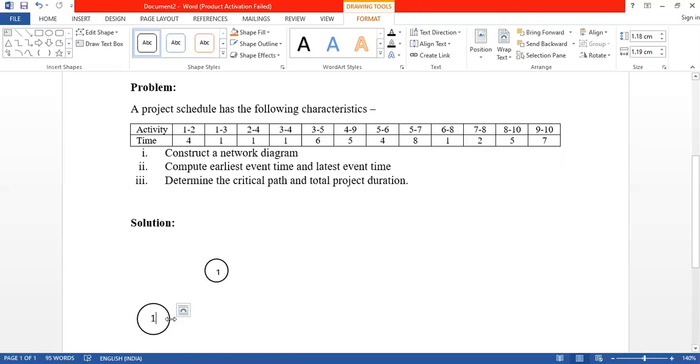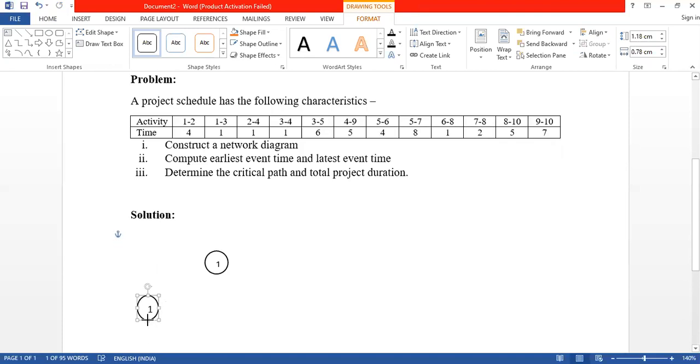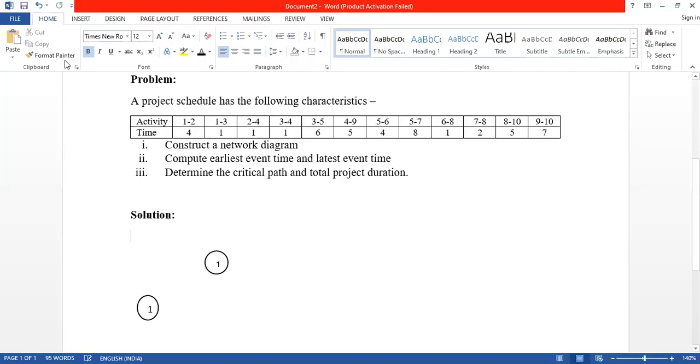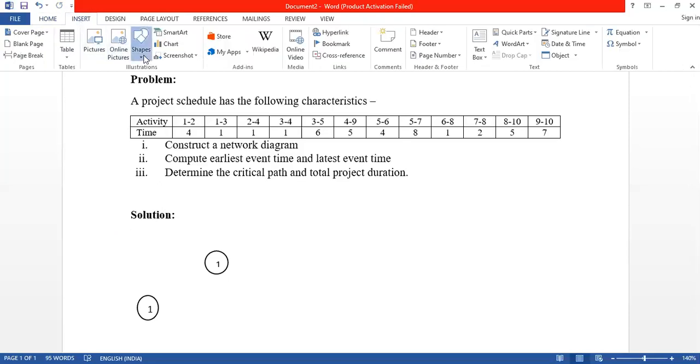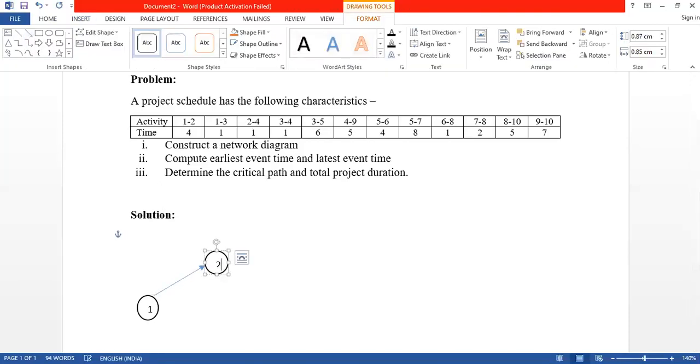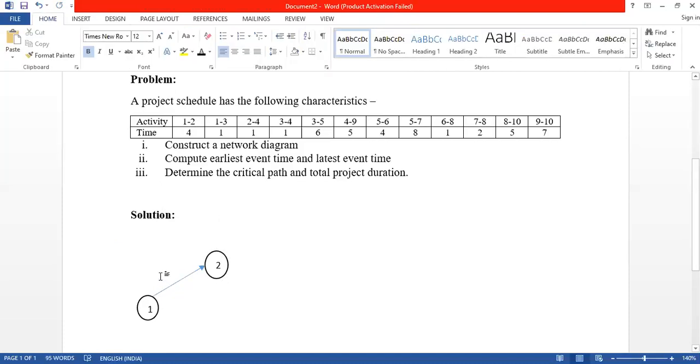Fine. There exists an activity from 1 to 2. We have drawn an activity from 1 to 2 and it is taking 4 hours of time.